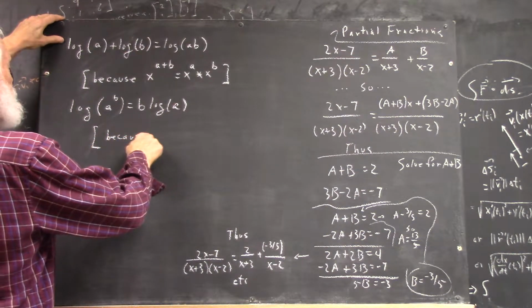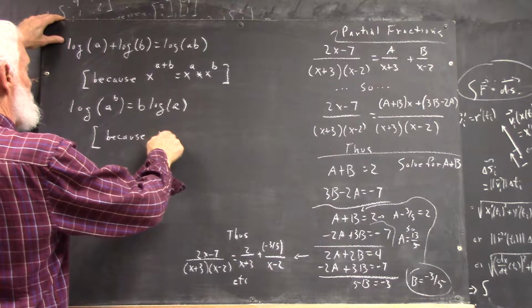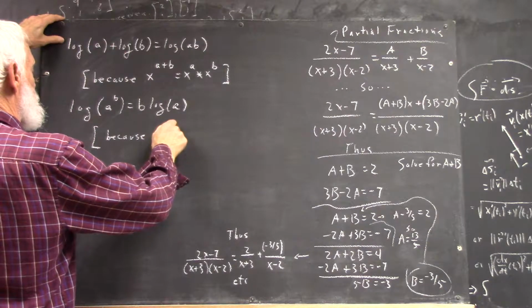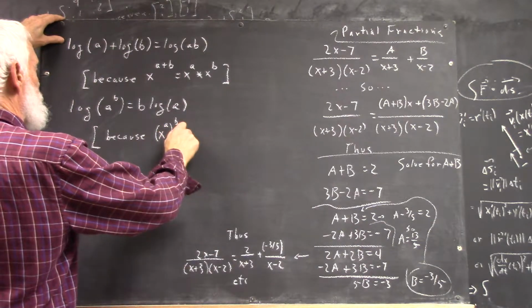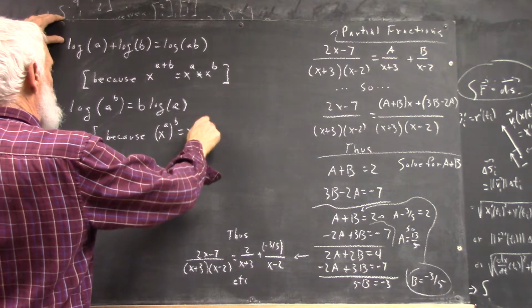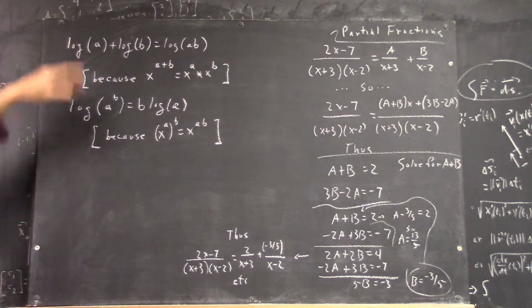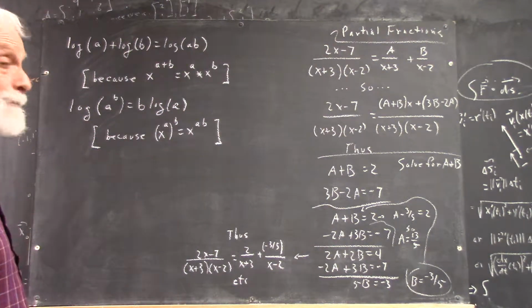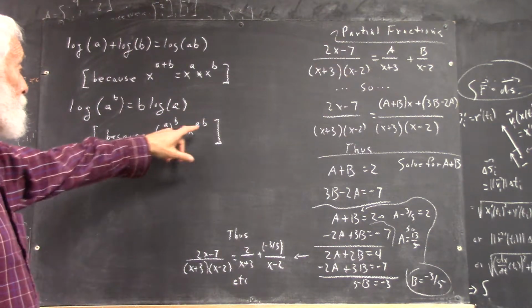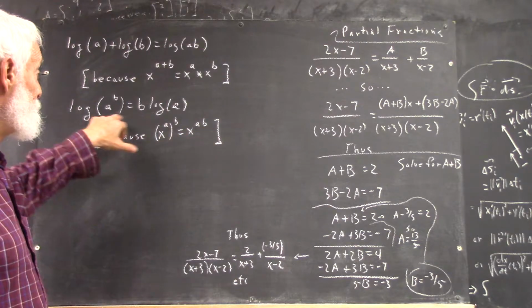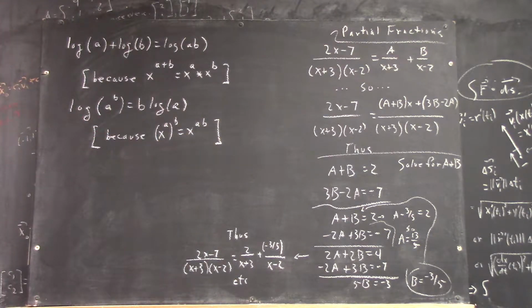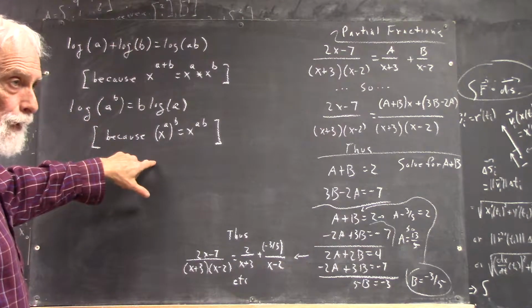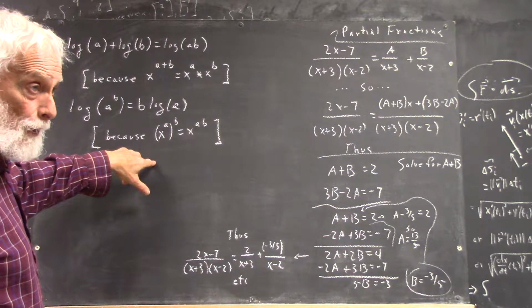We have this because x to the a raised to the b is x to the a times b. So raising to a power becomes a multiplication of exponents, and this is the equivalent statement to this.